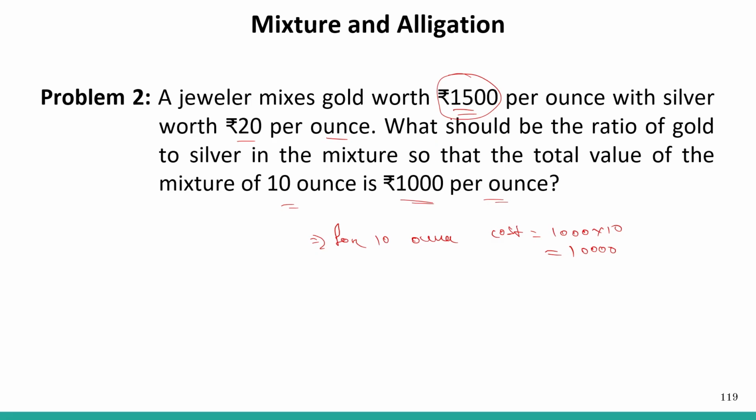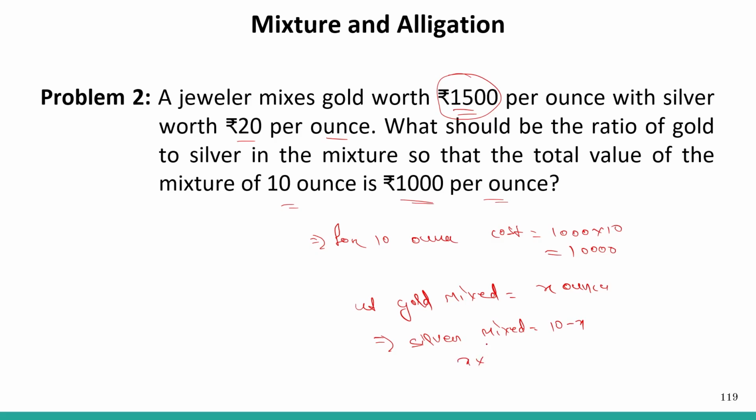So let's say we mix x ounces of gold. So let gold mixed be equal to x ounces. Then silver mixed will be 10 minus x, right?